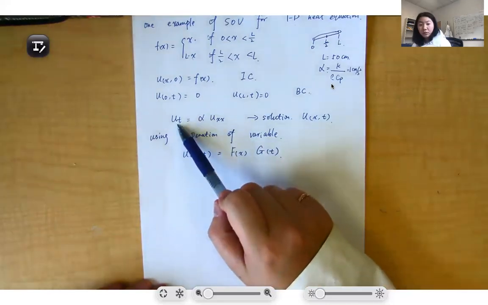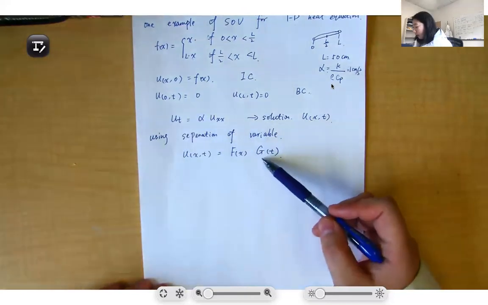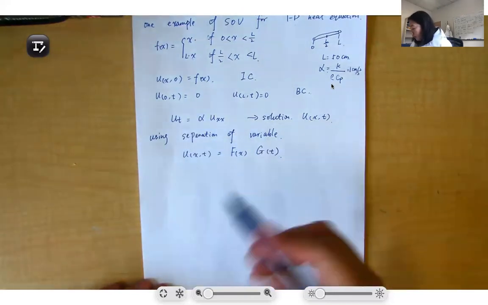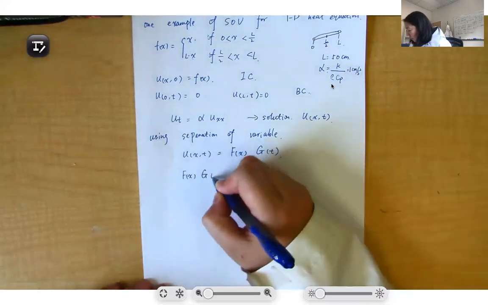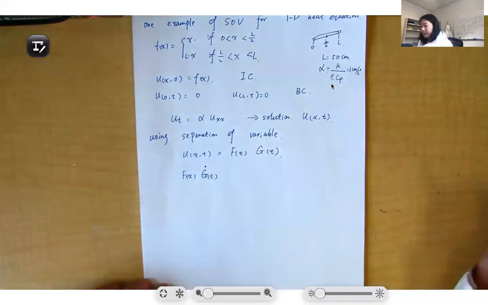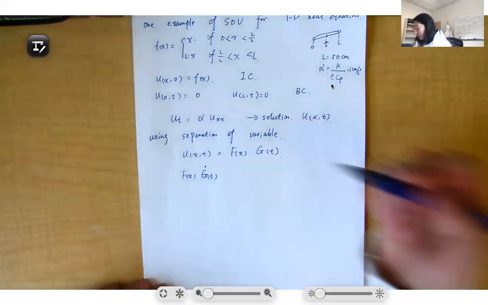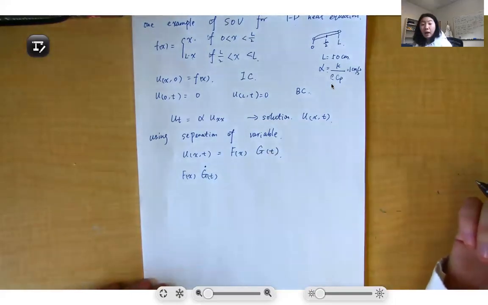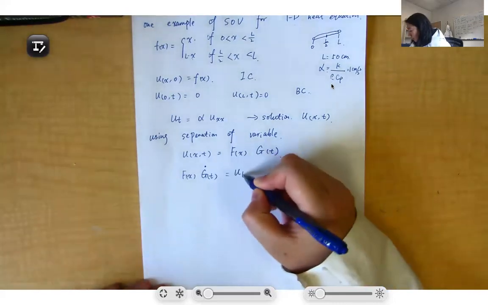How can we use the separated form to represent u_t? This is the first derivative in time, and the only function of time is g(t), so it is f(x) g dot, where we use the dot to represent the derivative in time. So f g dot equals u_t.